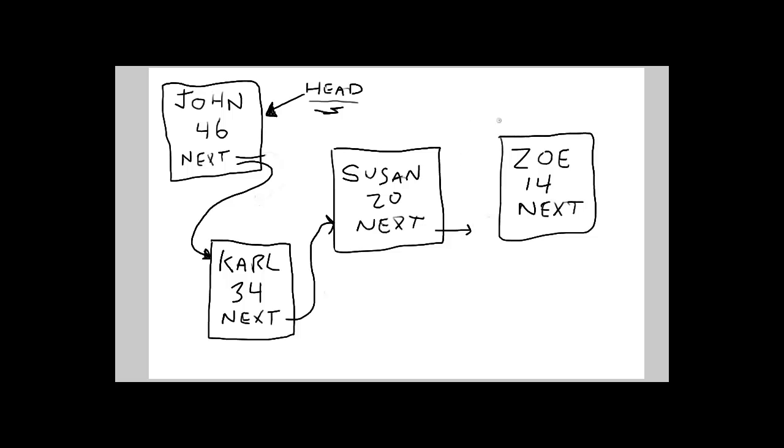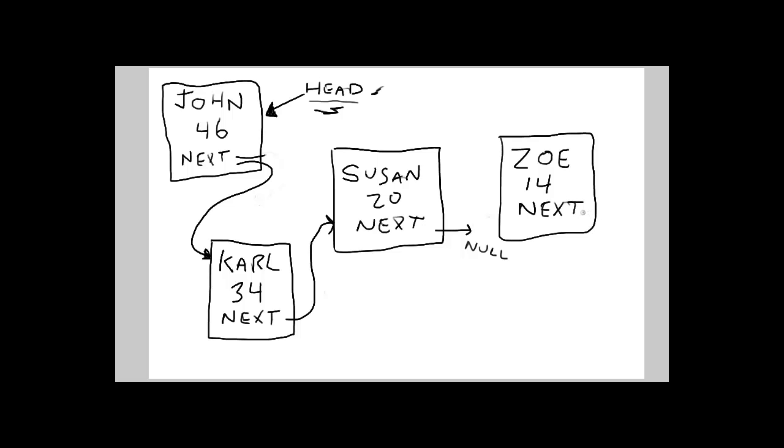Okay, so to do this insert, you start from the head again, traverse through, bigger than John, bigger than Carl, bigger than Susan. You see the null here, which wasn't taken away yet, even though I erased it. I say, okay, I got to the end. I didn't find my insert point, so therefore Zoe has to go at the very end.